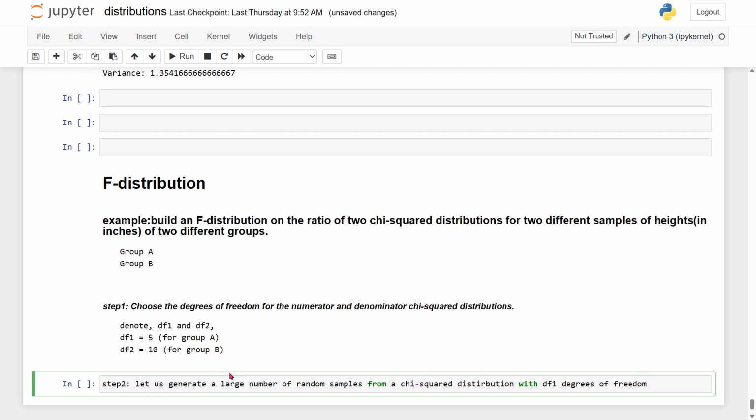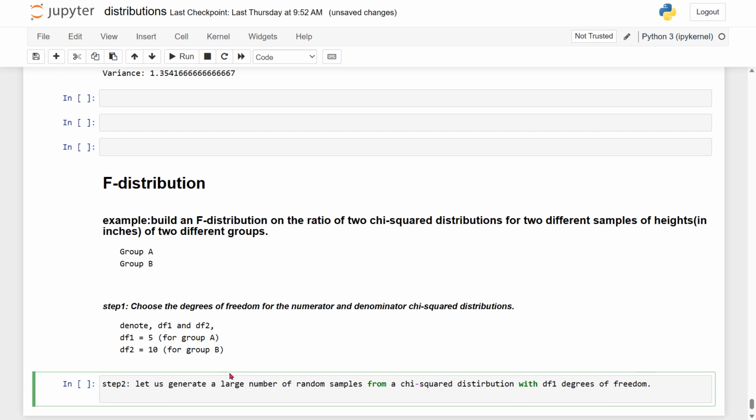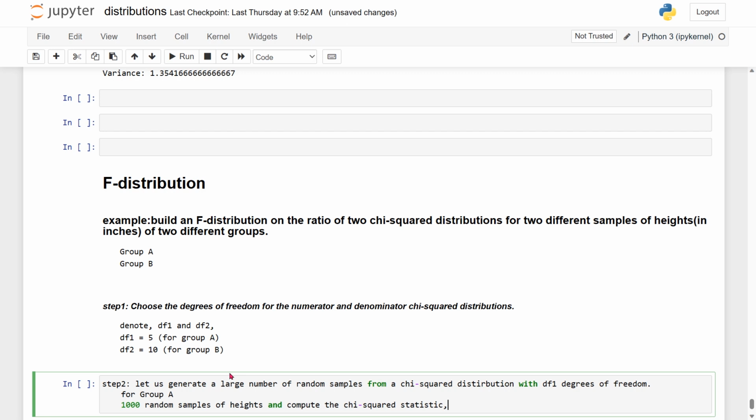This is for these df1 degrees of freedom. So for group A, let's say we generate 1000 random samples of heights, and then compute the chi-squared statistic for each sample.